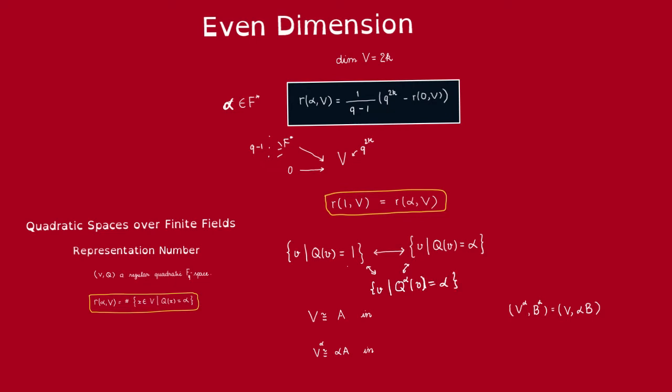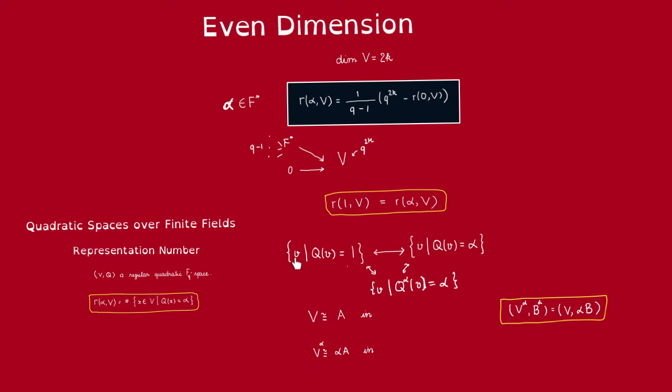So given the alpha that is non-zero, we can consider the following space, which is called a scale space of V. As a vector space it is equal to V, but the bilinear form on it is different. The bilinear form on it is gonna be alpha multiplied with B, so that if A is the Gram matrix of V, then alpha A is the Gram matrix of this scale space.